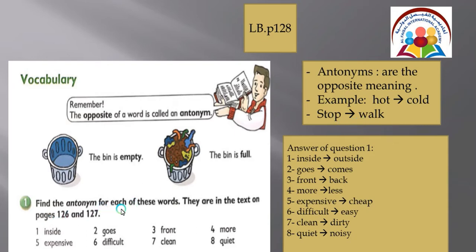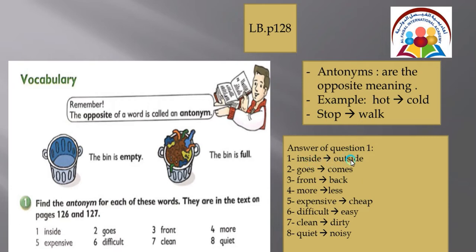Find the antonym for each of these words. They are in the text on page 126 and 127. Inside, goes, front, more, expensive, difficult, clean, and quiet. We have to get the opposite word of these words.